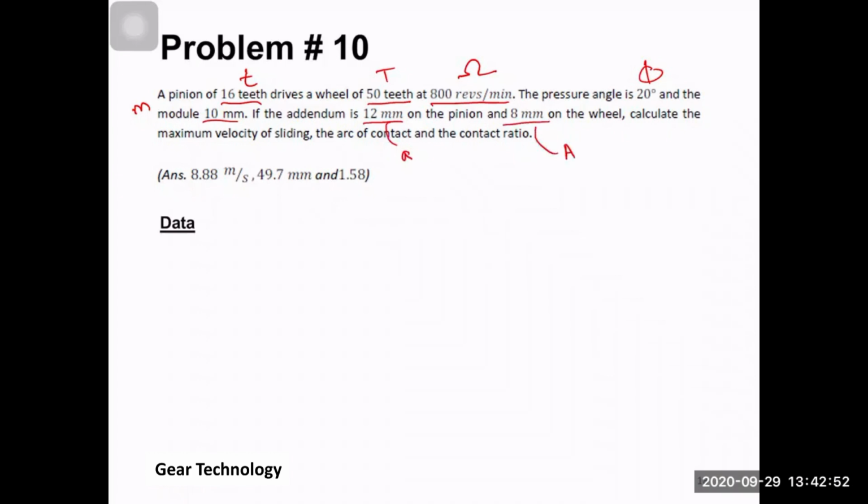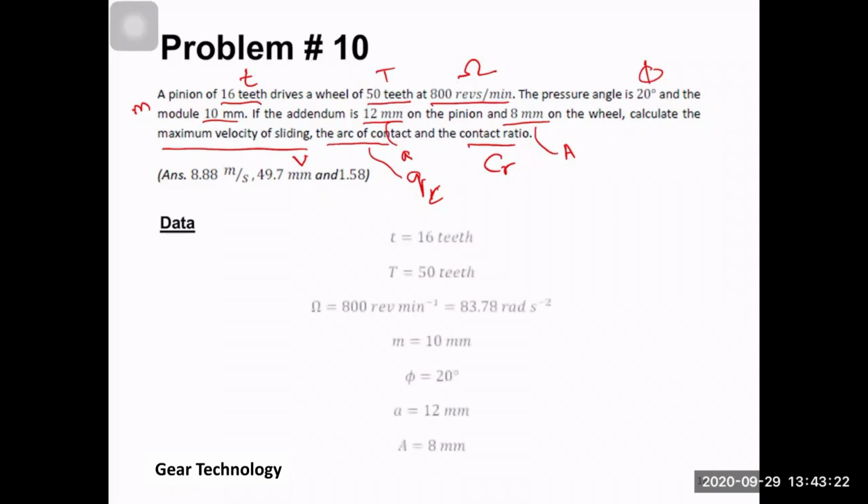So calculate the maximum velocity of sliding, the arc of contact, and the contact ratio. The contact ratio is CR, and the arc of contact is QR. So first, here are the data.